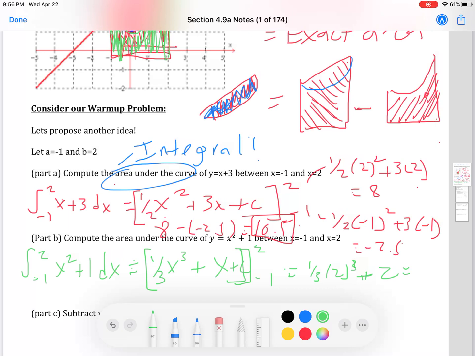That gets us to 8/3, which is about 2.67, plus 2, so that's 4.67. Then we subtract one third times -1 cubed, that's -1/3, minus 1, so that's about -1.33.